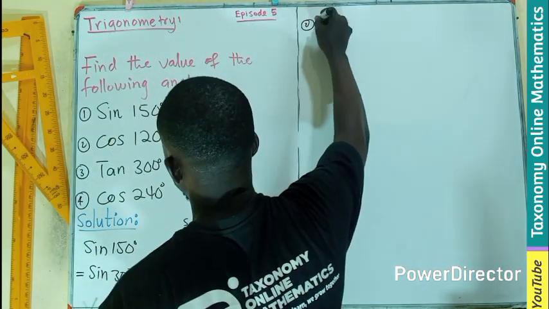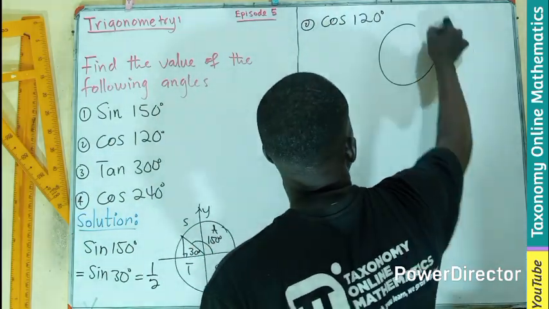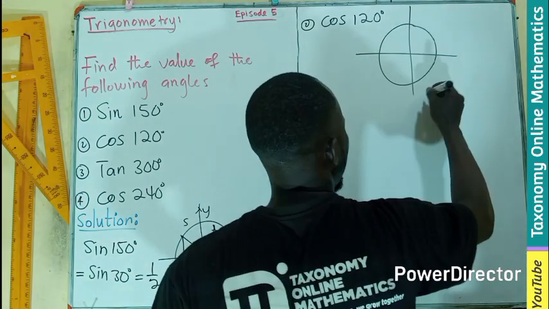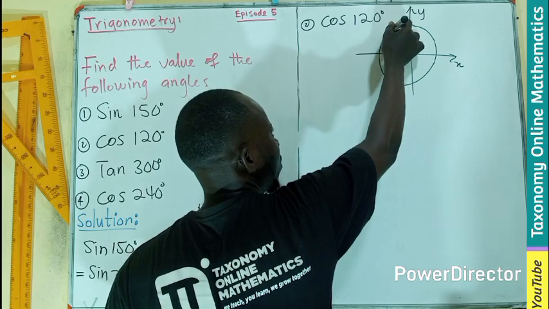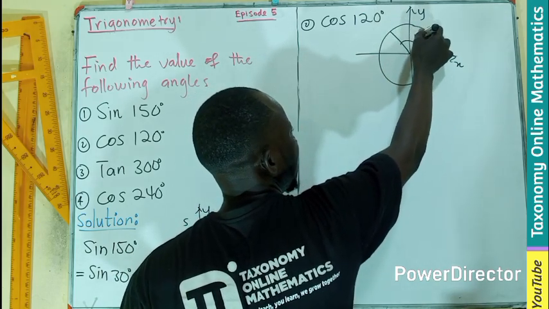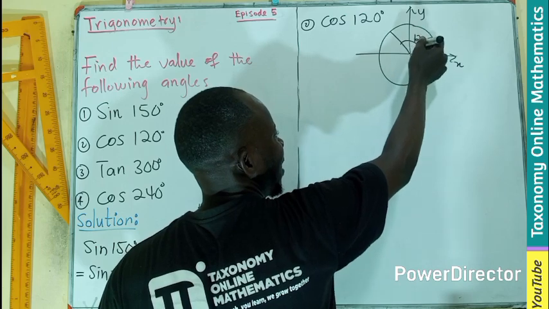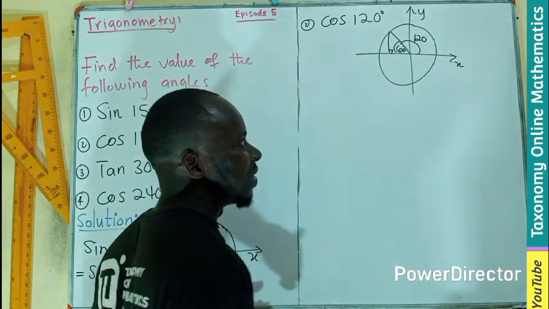Then number 2, which is cos 120. If we have that also drawn, 120 will also be beyond that. So all of this is 120. We subtract this from 180 to have 60 degrees as the reference angle.